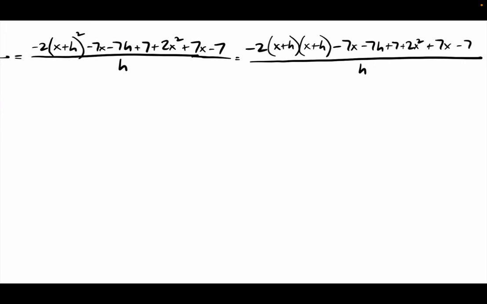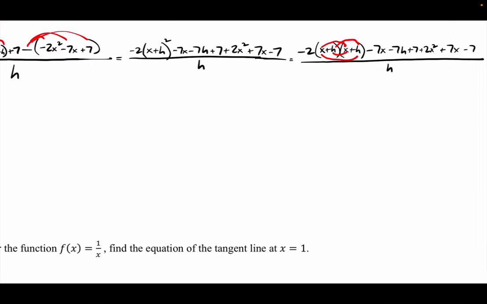Okay. So now I'm going to do the same exact thing I did on the last one. First, outer, inner, last. Negative 2 stays in the front.